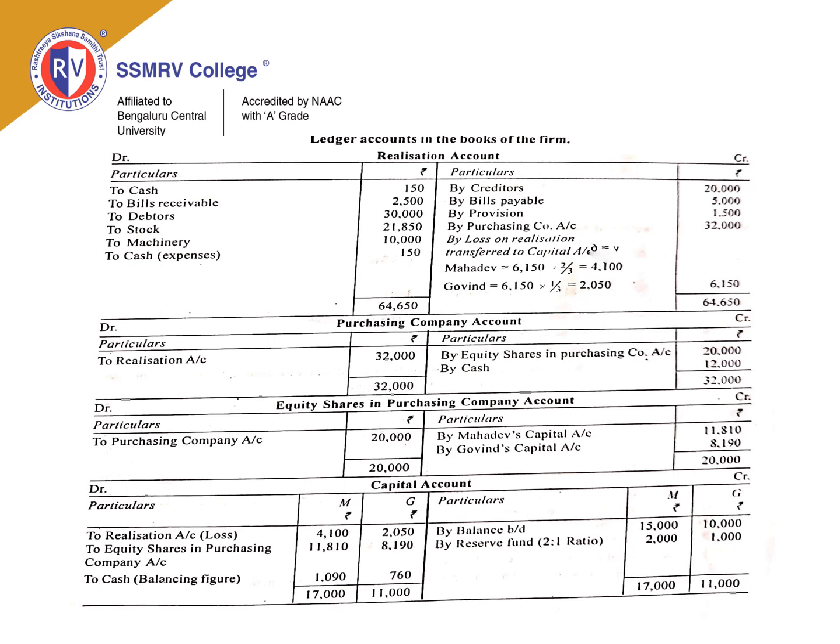So since all assets and all liabilities are taken over by the purchasing company, there is no asset or liability that is left out. So thereby we will have to close the realization account. We take the total of the realization account.